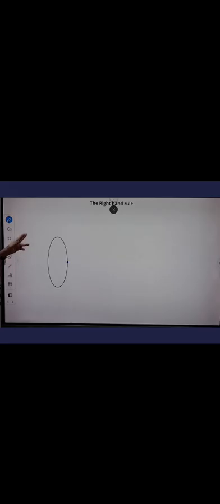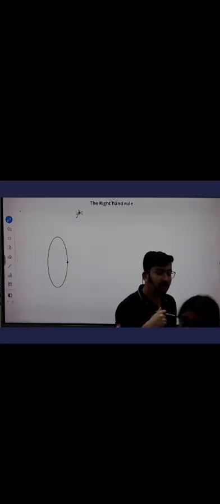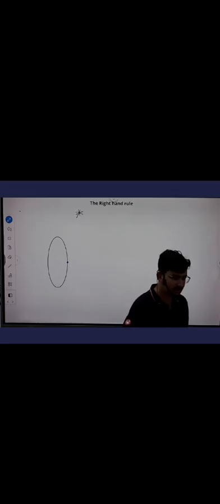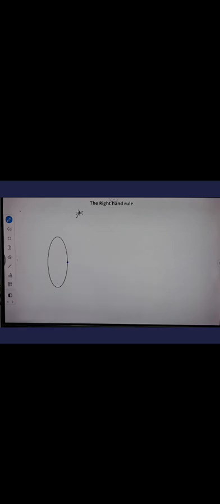Okay. So here write down the right hand rule today. Write the first point. Write down angular displacement, comma, angular velocity and angular acceleration are vector quantities.